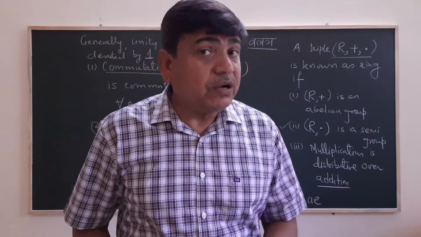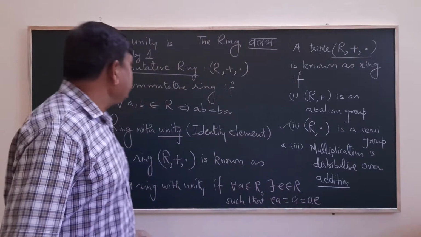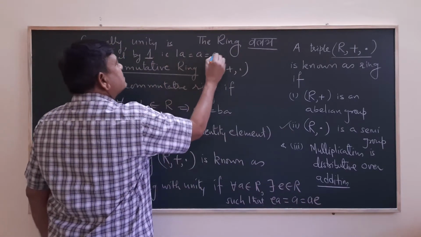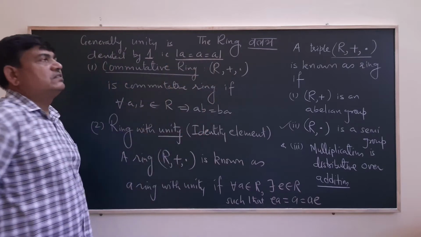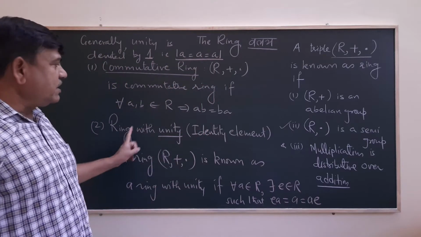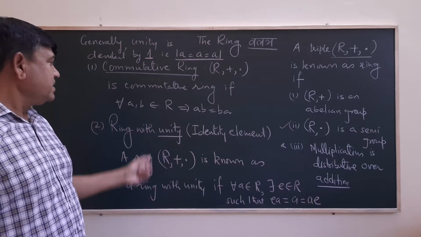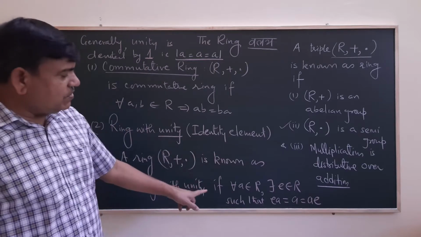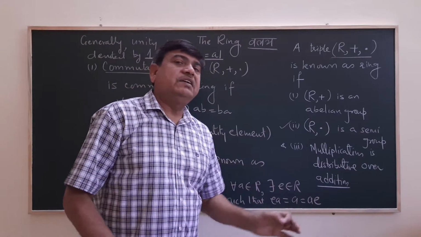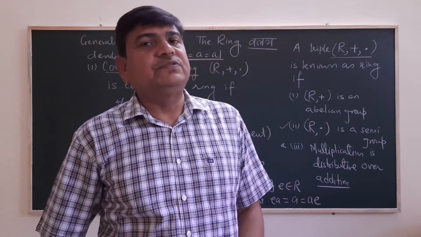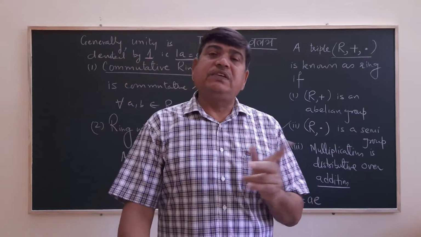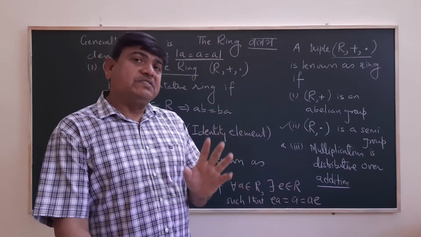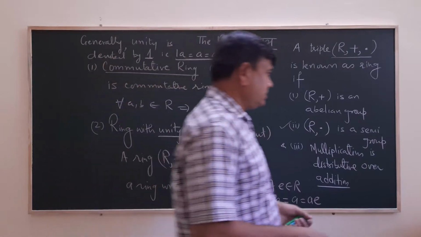So how to define a ring with unity? A ring is known as a ring with unity if identity element exists with respect to multiplication. That means it is the multiplicative identity, and we have considered several examples of this one.